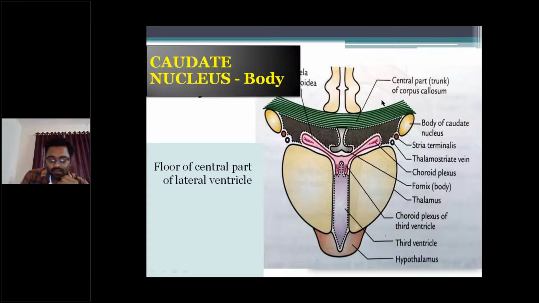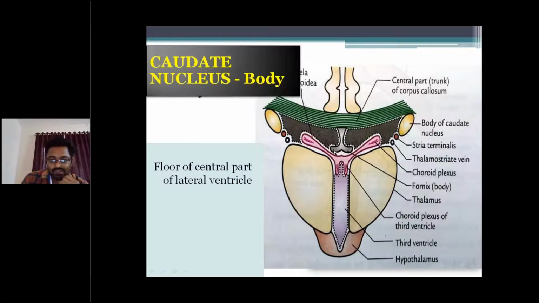Similarly, this is a coronal section of the third ventricle seen from the anterior view. This is the cerebral hemisphere, medial longitudinal fissure, corpus callosum, body of caudate nucleus, thalamus, and third ventricle.